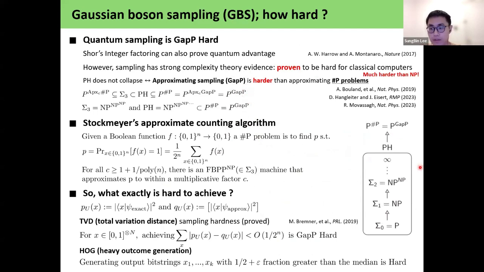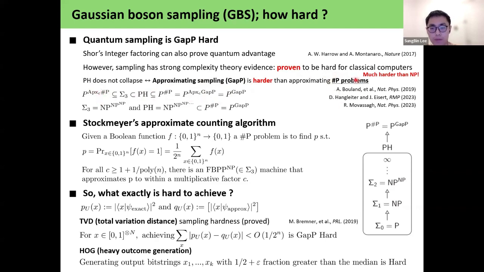But I guess not everyone listened to my first presentation, so I'll just quickly go through the review. It basically means that for quantum sampling problems, even approximating with an exponentially small multiplicative error is as hard as the approximate GapP problem. GapP is a quantum sampling problem. It's harder than approximating a sharp P problem up to the same multiplicative error small c.